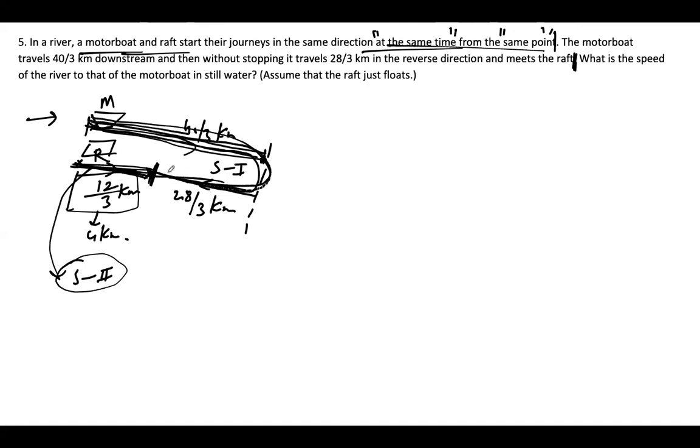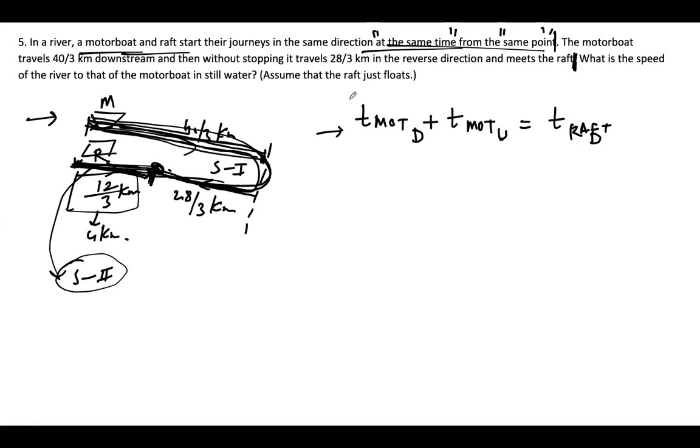The motorboat is traveling from here till this point, and the raft from here to here. So time would be constant, not distance, sorry. The time taken by the motorboat downstream plus the time taken by the motorboat upstream should be equal to the time taken by the raft to travel downstream. Okay.